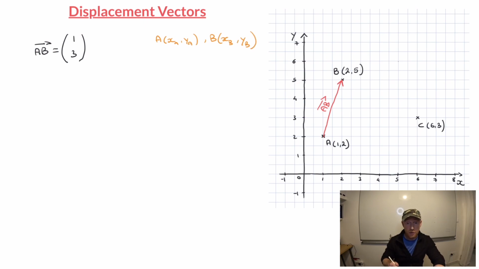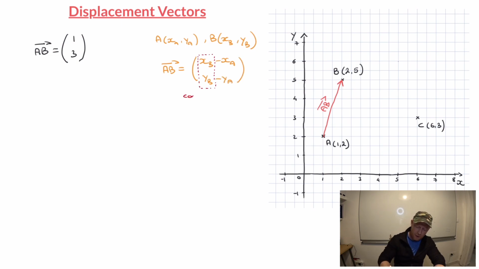Now, given those 2 generic points, we can define the vector AB as equal to the vector whose components are XB minus XA and YB minus YA.